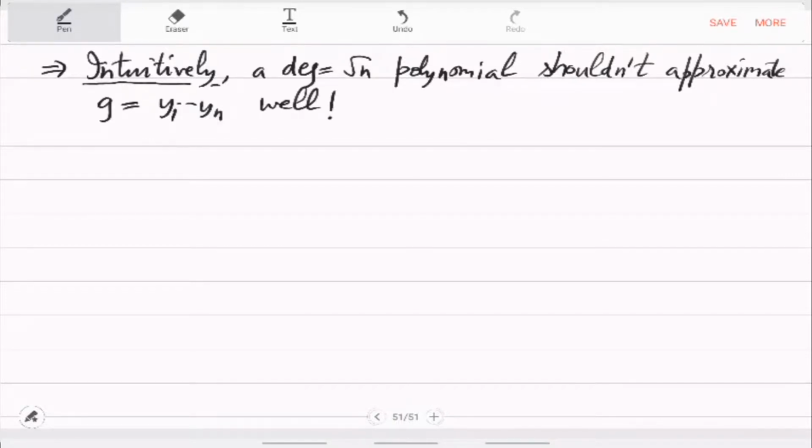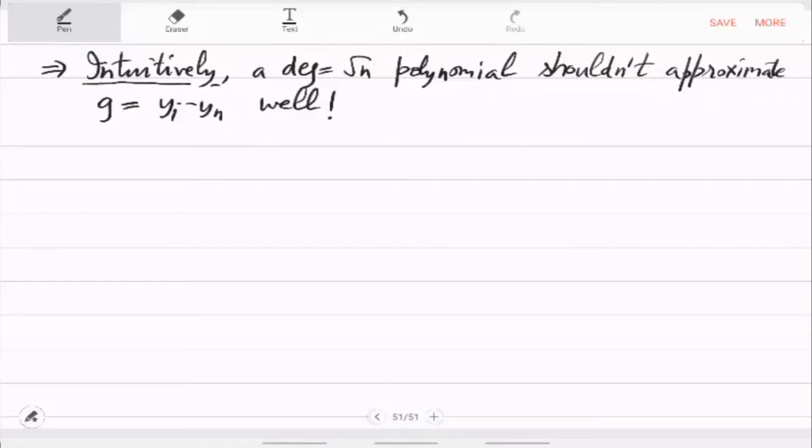So degree square root n polynomials should not be able to approximate this product of y1 to yn well. That's the intuition. So this is what we'll formalize.